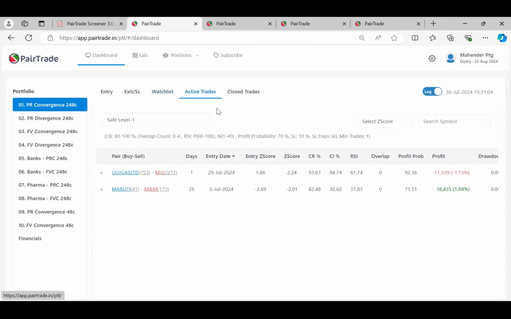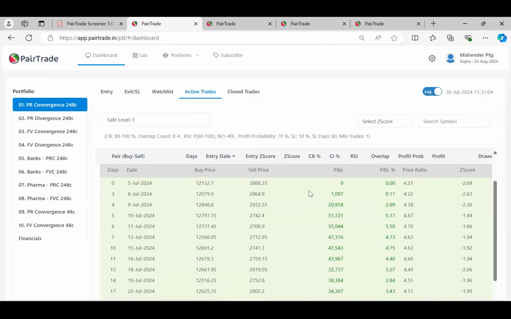You can see the active trades. You can see in safe level: are there any active trades? There are 2 trades running in safe level 1, Gujarat Gas and MGL, only one day. That means the 29th entry has happened. Now it is negative, and this has been running for 25 days. I can expand and see how it has performed.